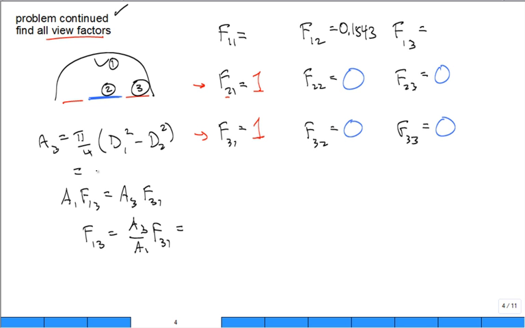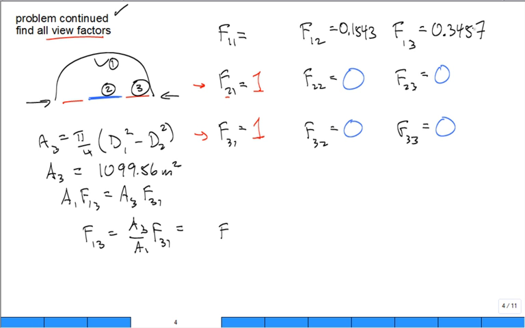That area for surface 3 comes in at 1099.56 meters squared, and I'm not going to just repeat the values from the previous slide, but when you put them in, D1 and D3 are the outer, yeah. And so then we get the view factor, let me just write it up here. The view factor from 1 to 3 is 0.3457.